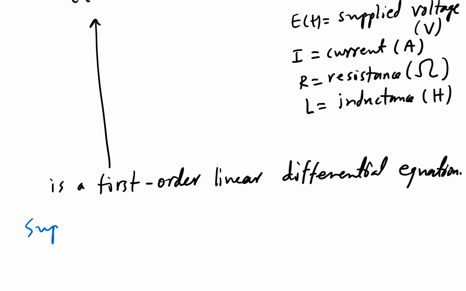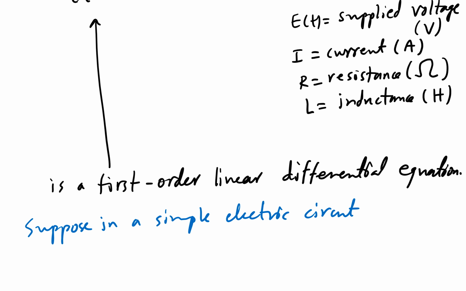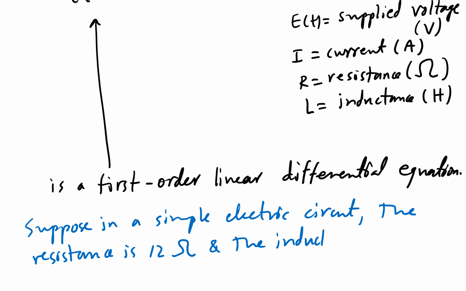Suppose in a simple electric circuit, like the one I showed above, the resistance is 12 ohms and the inductance is 4 henries.